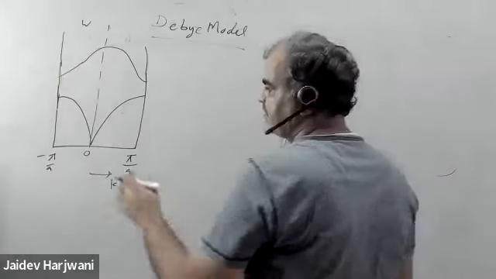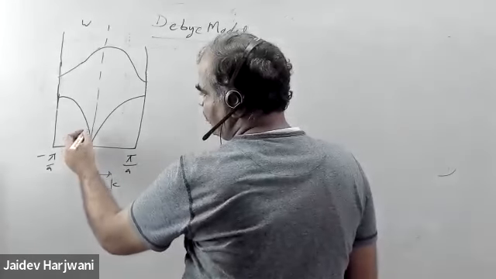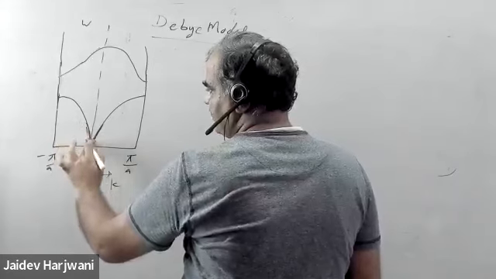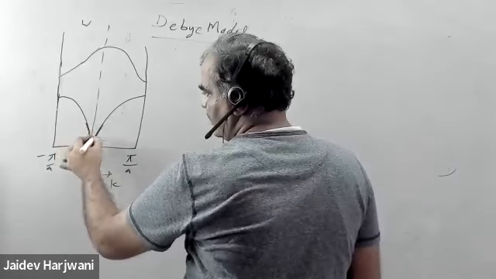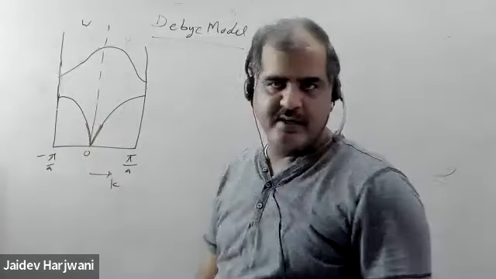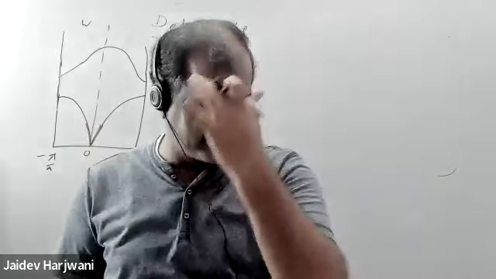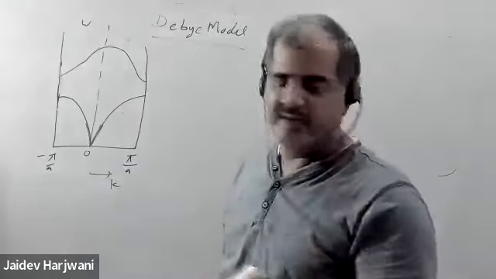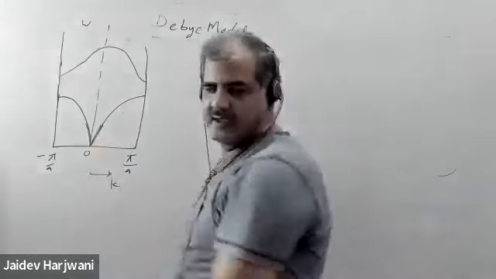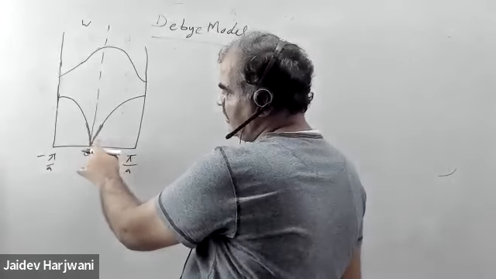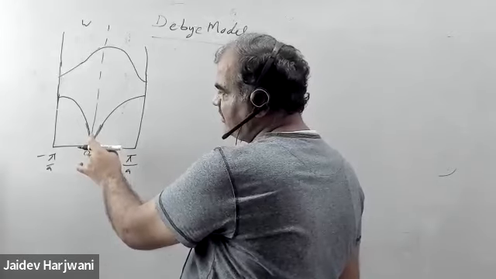Debye suggests that the specific heat contribution is just because of these vibrations, meaning low K, long wavelength regions. Whatever energy you are supplying to the solid is consumed only by these vibrations, so specific heat is because of these longer wavelength K values.